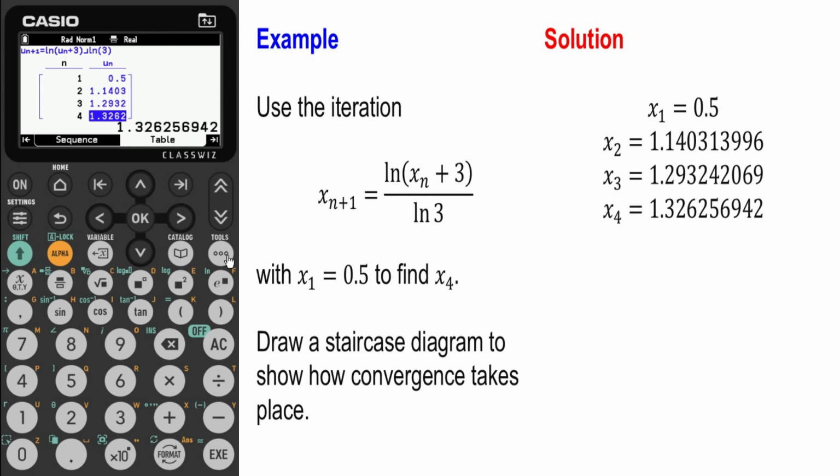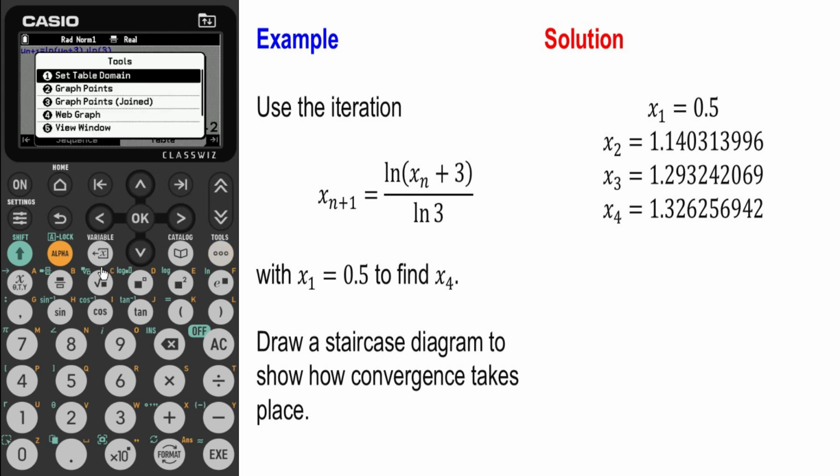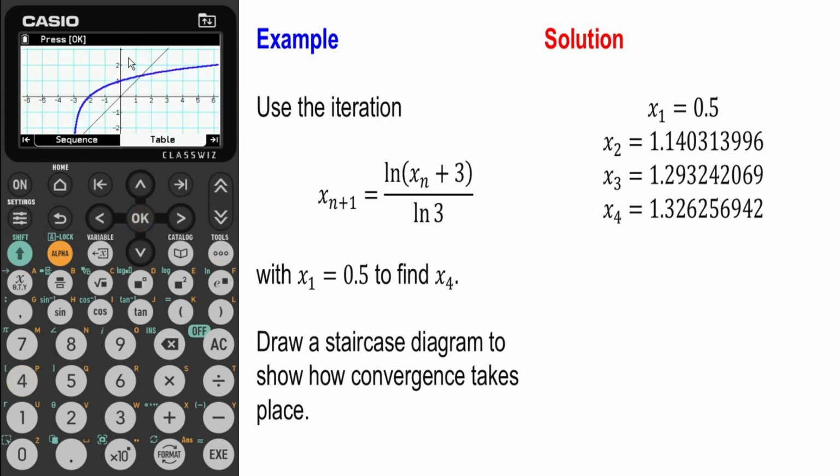If we now press the tools key and the fourth option for web graph and draw the graph, we've got the line y equals x and the graph of the natural log of (x plus 3) over the natural log of 3.